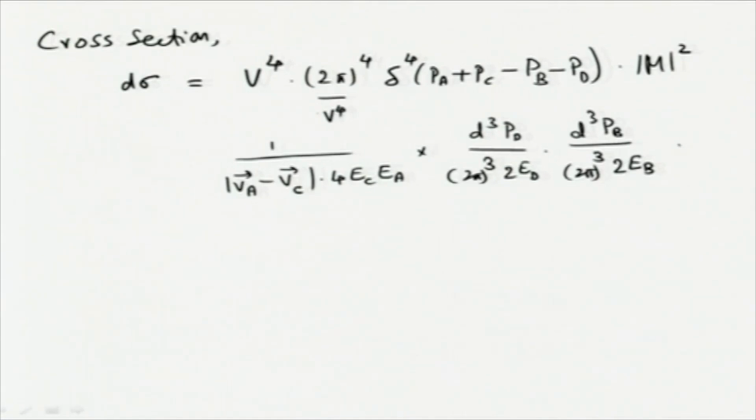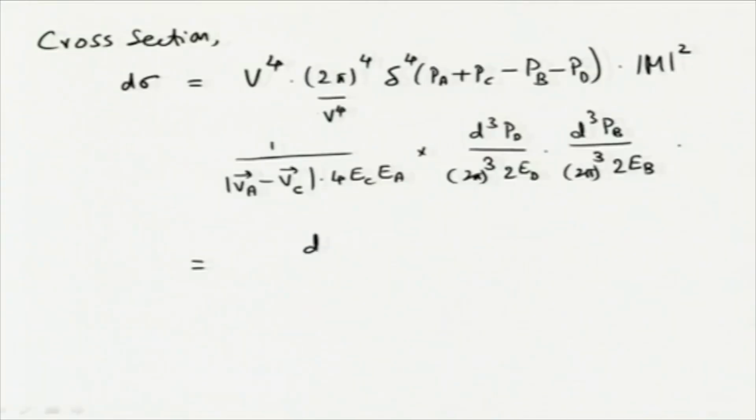The volume factors coming with these two and also with the charge number densities, initial flux and target density, are taken in the V to the power 4 in the numerator, written as the first factor.